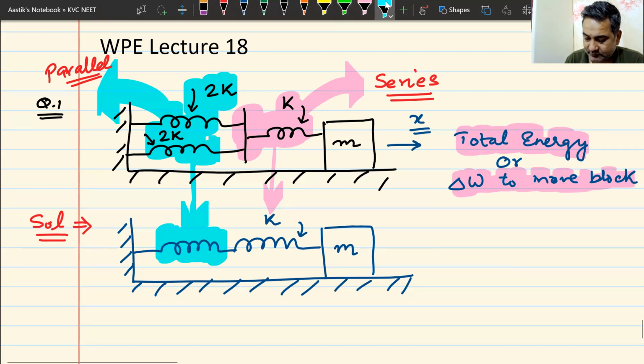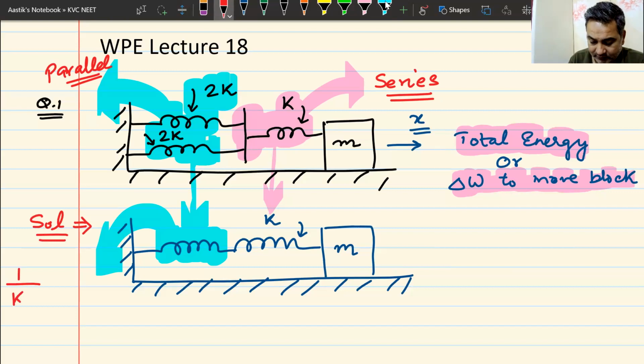I'll have to apply the formula. 1 by K parallel will be equal to 1 by K1, which is 2K, plus 1 by K2, that will also be 2K. So 1 by Kp will be equal to 1 by 2K plus 1 by 2K.